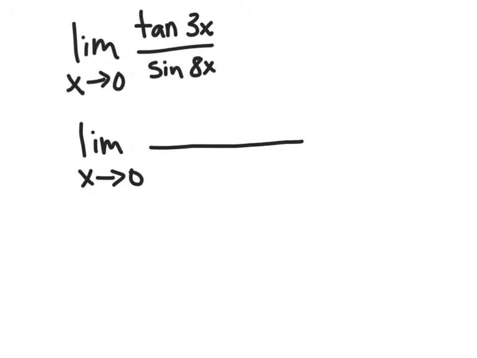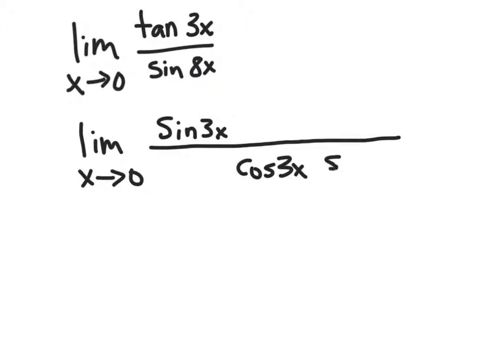So we know that tangent of 3x is really sine of 3x over cosine of 3x. And notice I didn't write the cosine of 3x directly underneath the sine of 3x because there's something else we'd rather have under there. And then we've also got this factor in the denominator of sine of 8x.